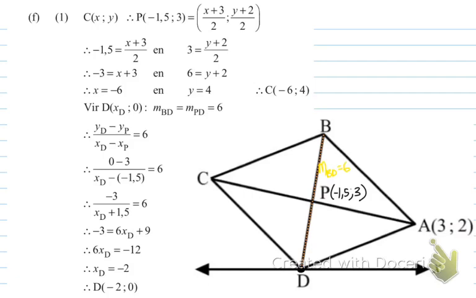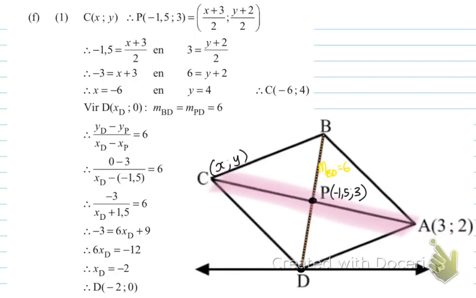First, to determine the coordinates of C, I'm going to use this diagonal AC. I know that P is the midpoint of AC, so I'm going to use the midpoint formula. Let's say that C has coordinates (x, y).